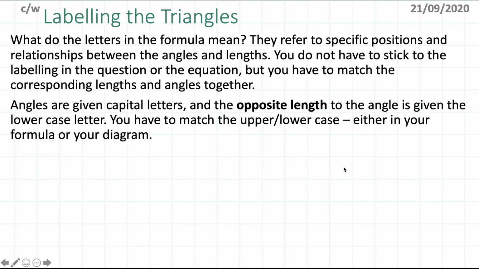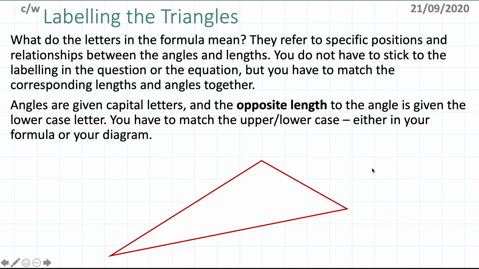Before we move on, labeling the triangles, this is similar to the sine rule explanation. So if you have a triangle, we label the angles with capital letters A, B, C, and the opposite lengths will be lowercase. So this opposite A, that will be lowercase a, lowercase b, because this is opposite to the angle B, and lowercase c, that's opposite to the angle C. Now, you don't need to have these specific letters.